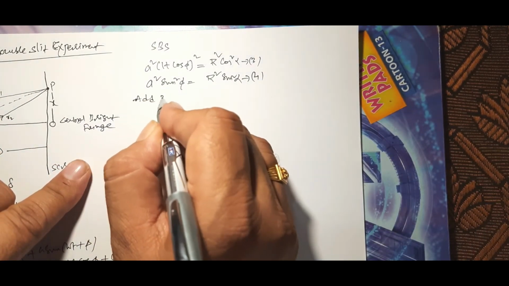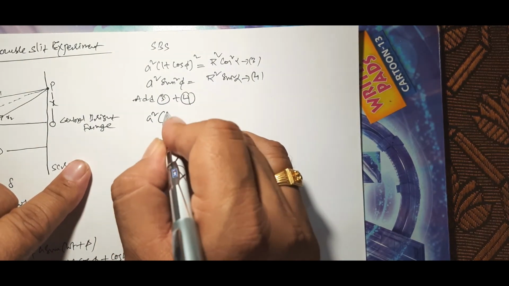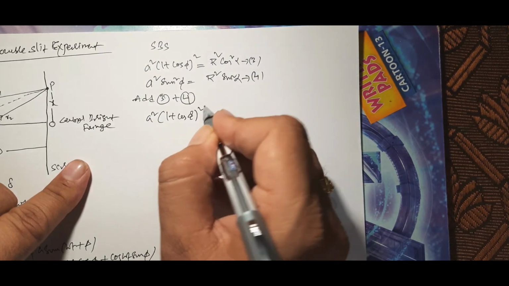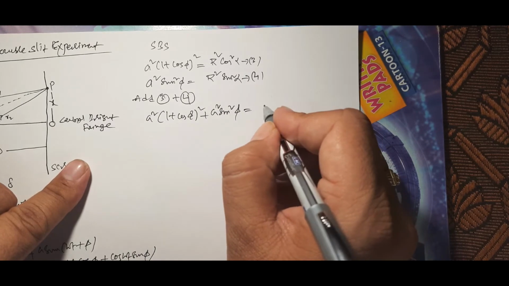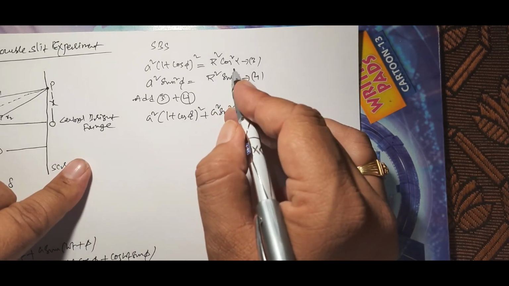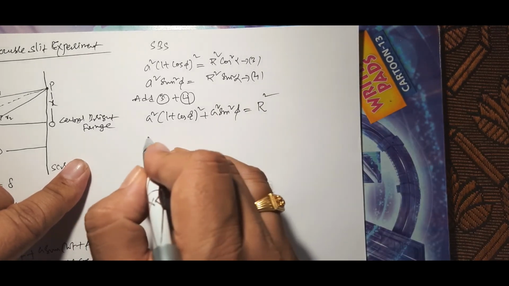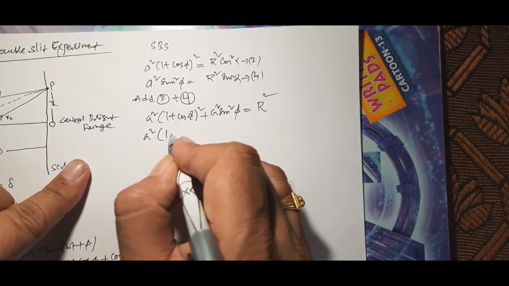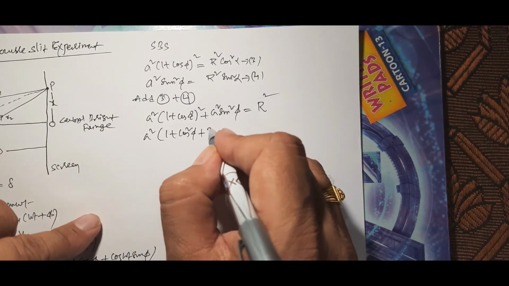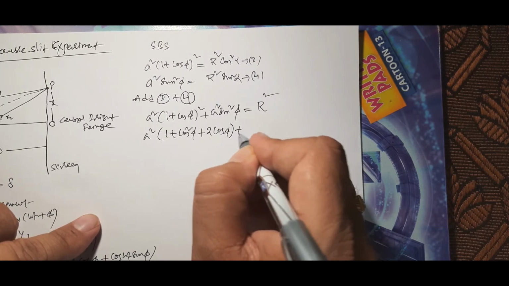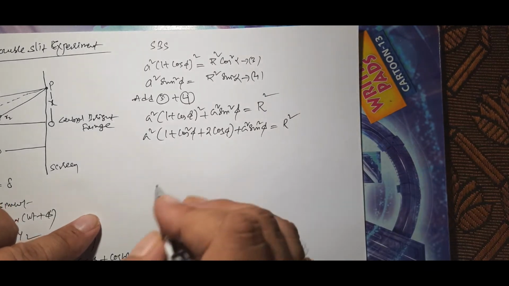Add equations 3 and 4: a² (1 + cos φ)² + a² sin² φ = R² cos² α + R² sin² α = R². So a² (1 + cos² φ + 2 cos φ) + a² sin² φ = R².